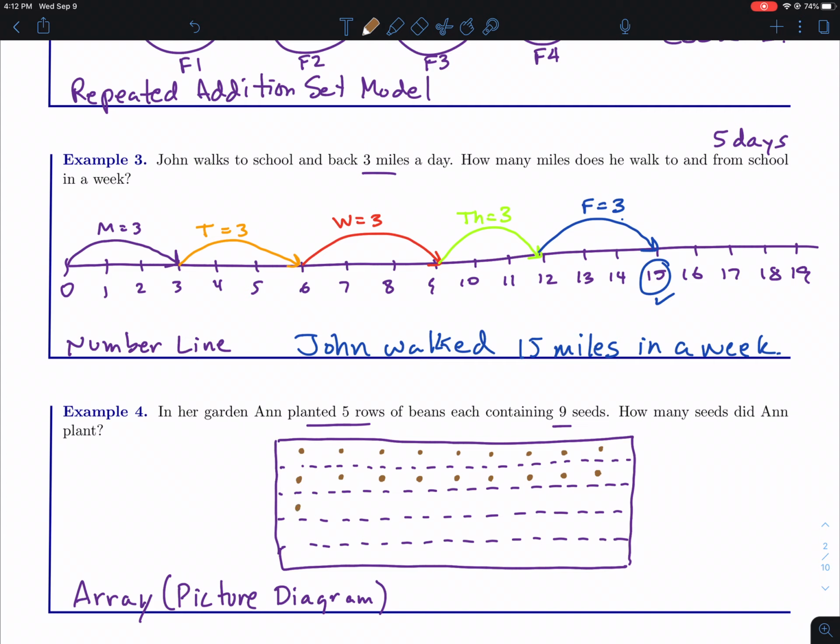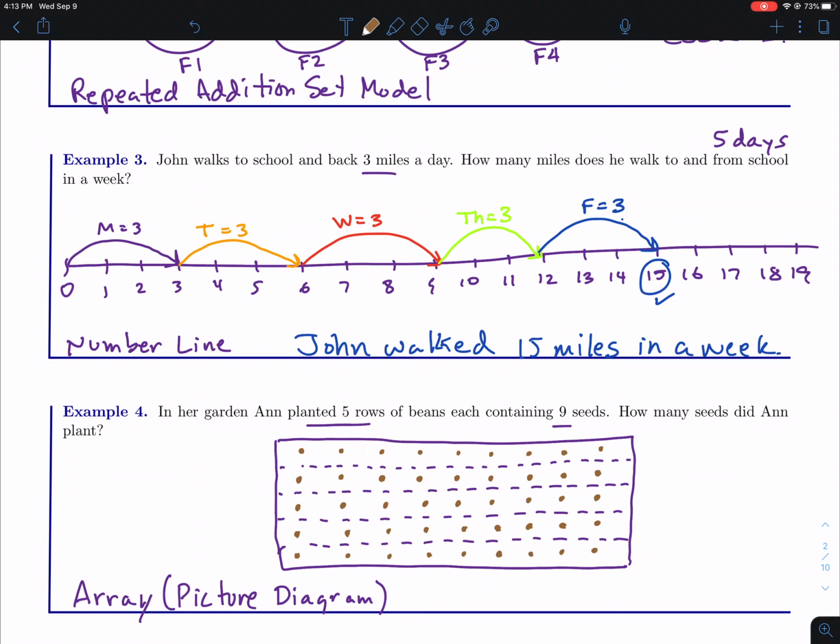Let's plant row 3: 1, 2, 3, 4, 5, 6, 7, 8, 9. So row 3 is planted. Then 1, 2, 3, 4, 5, 6, 7, 8, 9. So row 4 is planted. Finally, row 5: 1, 2, 3, 4, 5, 6, 7, 8, 9.